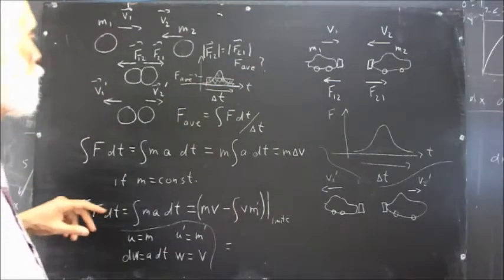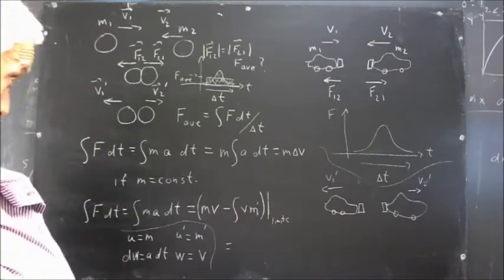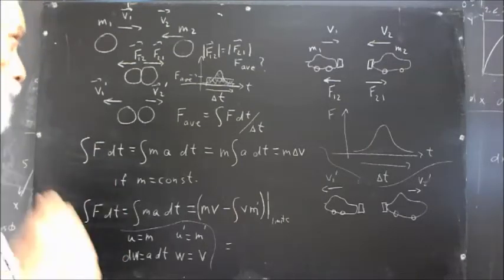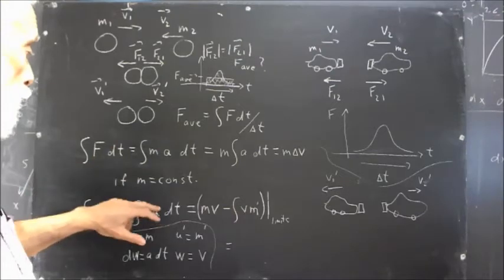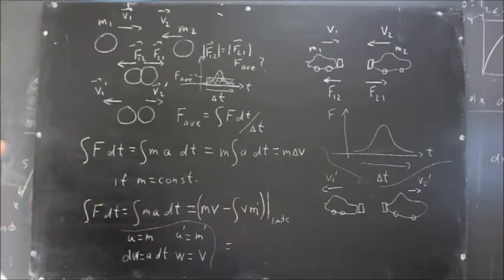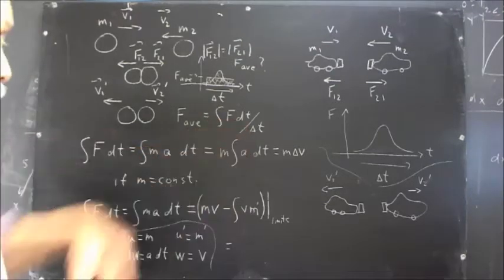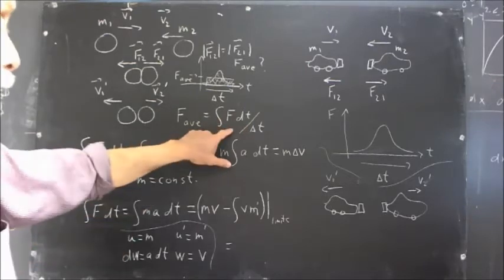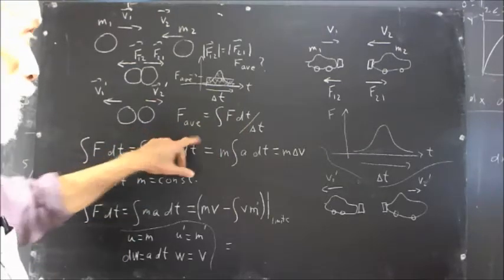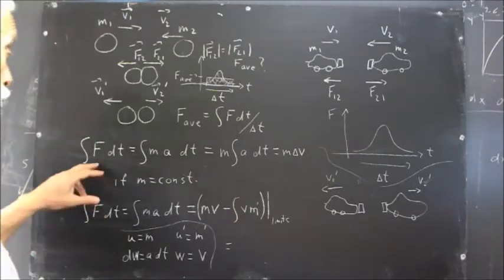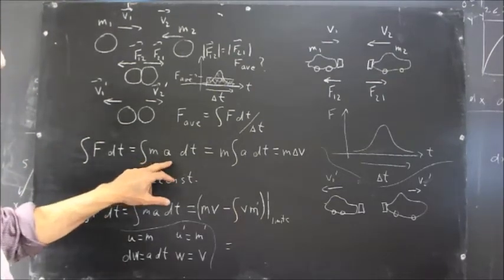There's a little more here. If we do this integral of F dt, and we know that integral is going to be equal to the average force times the delta t, what are we integrating? We're integrating mass times acceleration.